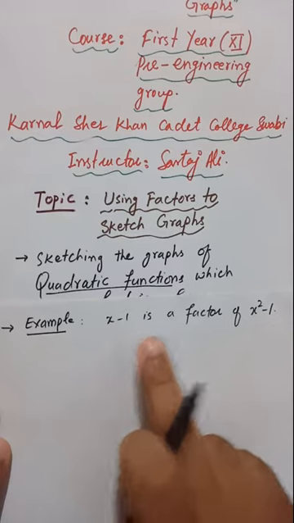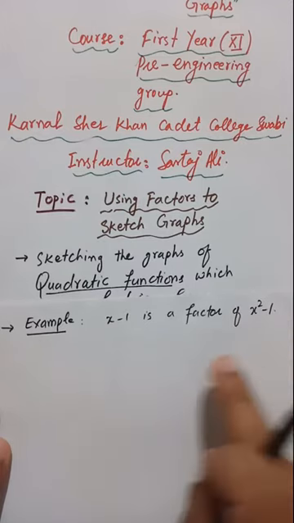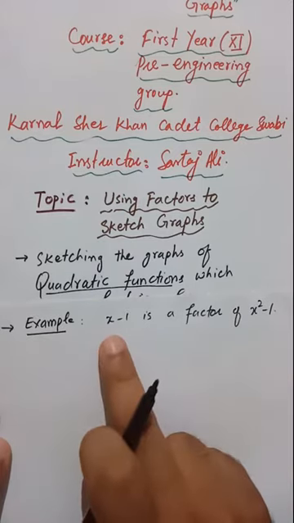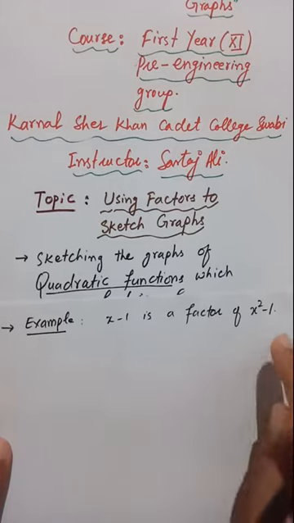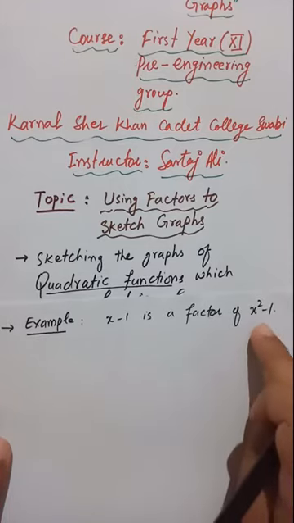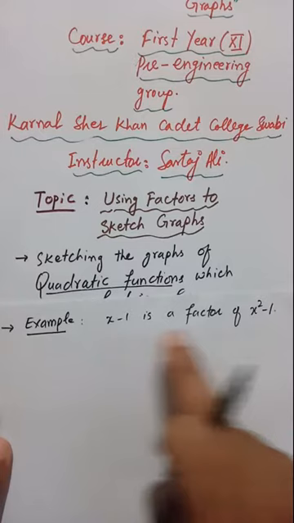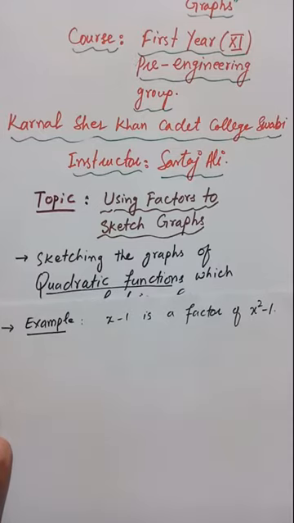So this x square minus 1 will be completely divisible by x minus 1. Or you can say x minus 1 will completely divide this x square minus 1. Then x minus 1 is said to be a factor of x square minus 1.